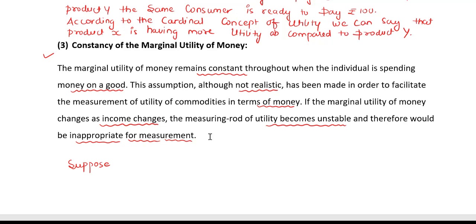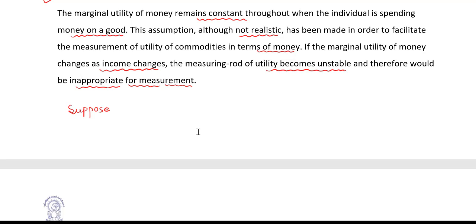Students, suppose a person is having 10 lakh rupees and another person is having 100 rupees with him. Now over here it is saying that marginal utility of money remains constant. Supposing this person earns 100 rupees more and this person also earns 100 rupees more.